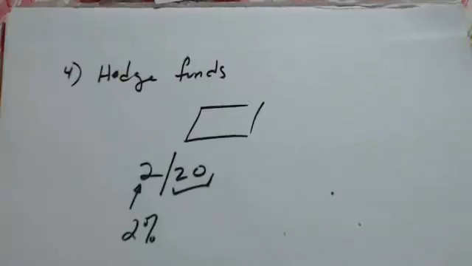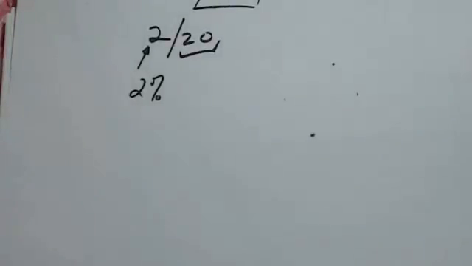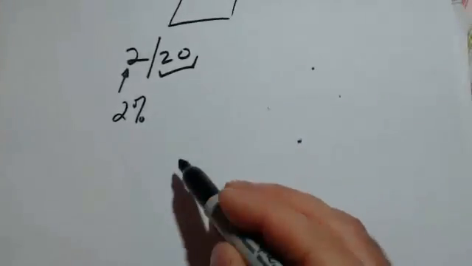So what do I mean by a high water mark? Well, here's how it works, roughly. And I caution you, read the prospectus. Nearly everything I'm talking about is a general statement. You need to read the prospectus to make sure exactly what the rules are around every fund. But here's high water marks in general.